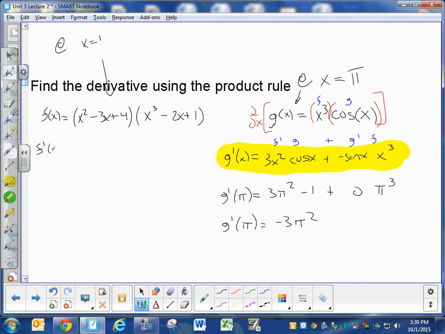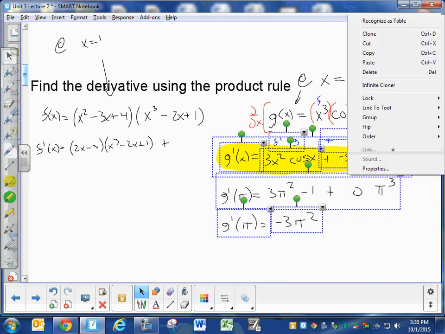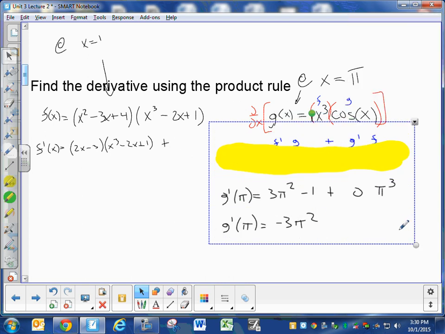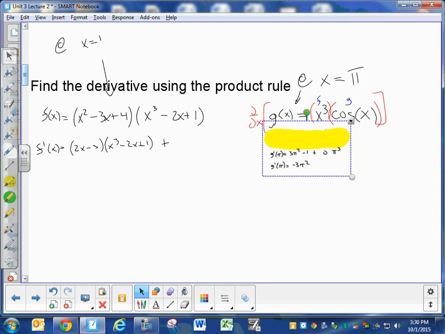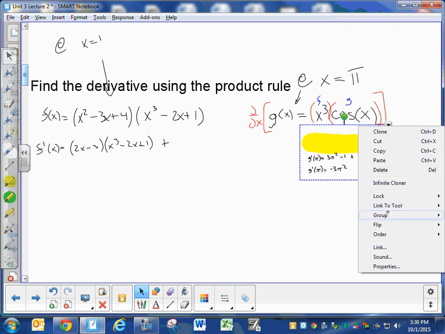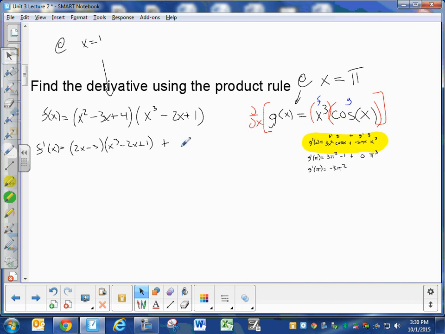This is going to be messy, but it's kind of simple to take the derivative using this product rule. We'd have the derivative of the first times the second plus, let me shrink this a little bit, the derivative of the second, which would be 3x squared times the first.